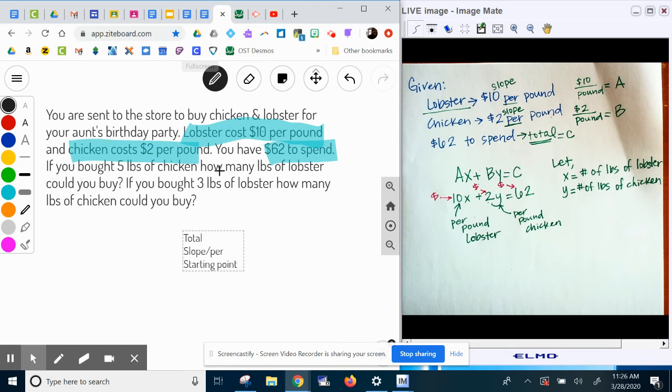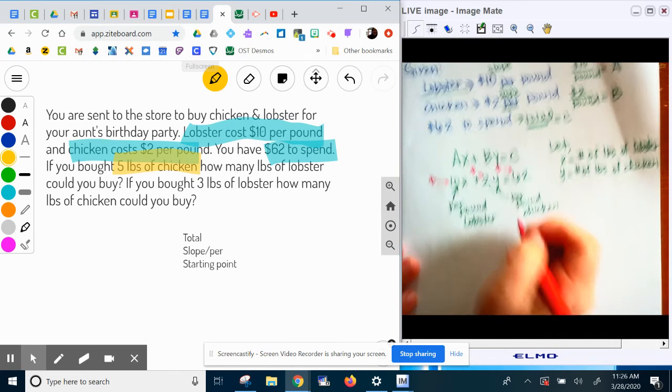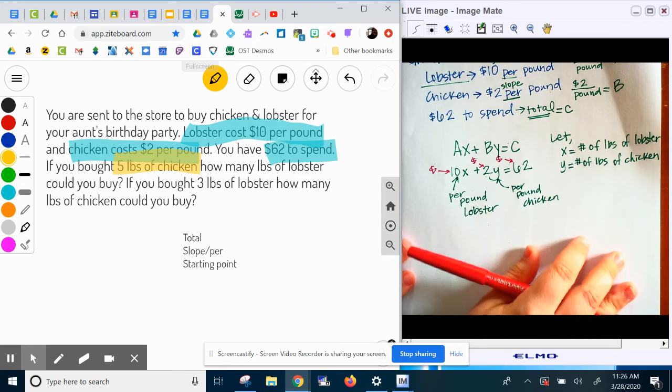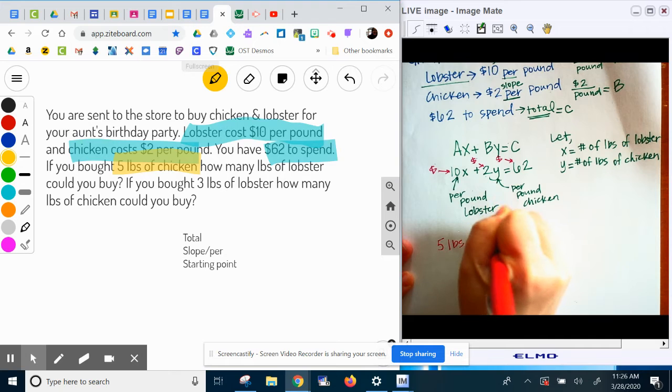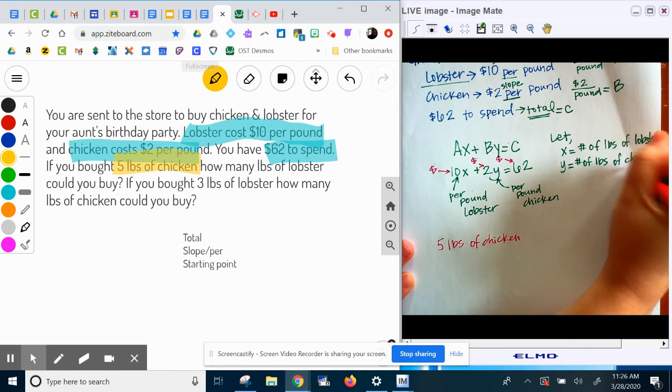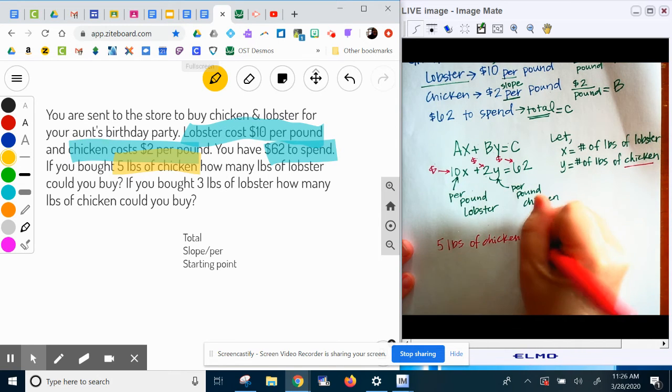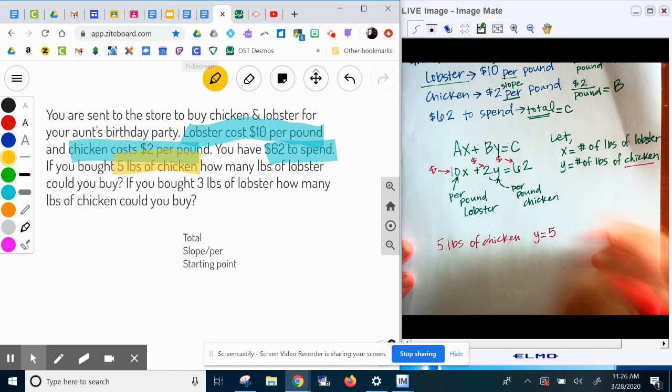If you bought 5 pounds of chicken, how many pounds of lobster could you buy? They told us we bought 5 pounds of chicken. Let's use the highlighter. We have to decide, is that an x or a y? Pounds of chicken is my y, so y equals 5 this time.